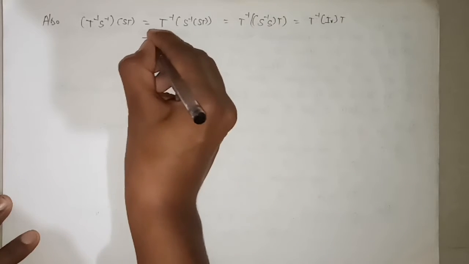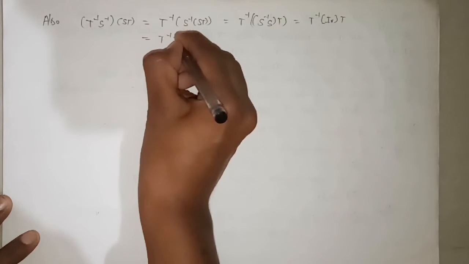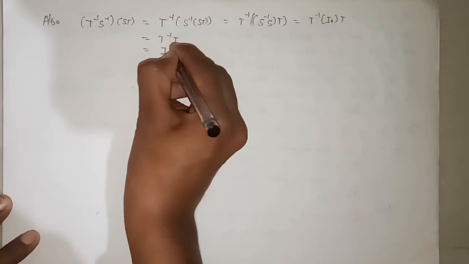So this is equal to T inverse T, which is nothing but IU.